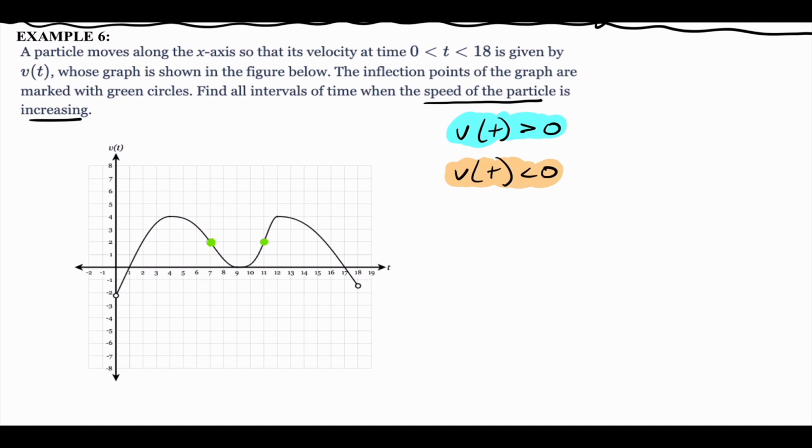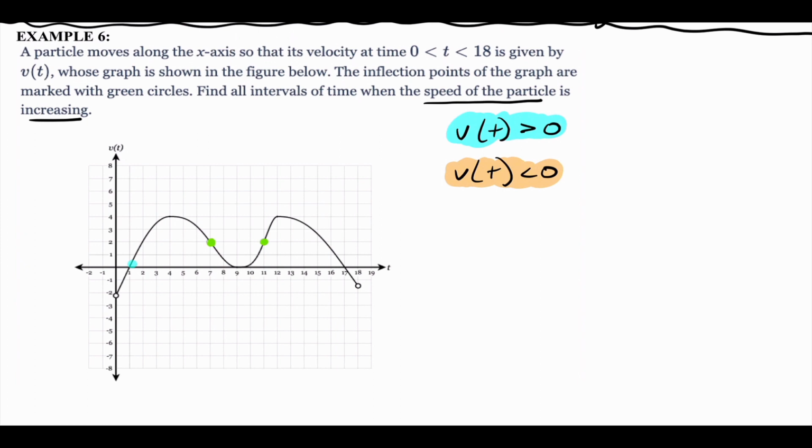Okay? So when is velocity positive? How do we know when this guy is positive? When it's above the x-axis. Yep. This is the velocity. So when velocity is positive, that's just above the x-axis.